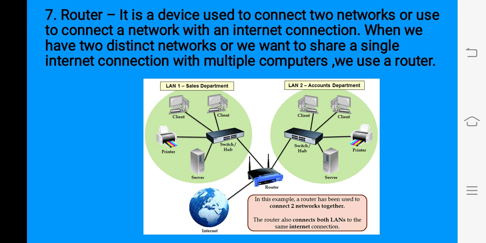Also, if we want to share a single internet connection with multiple computers, we use a router. The internet sends the signals to the modem, then to the router, and then the router transmits between the computers.